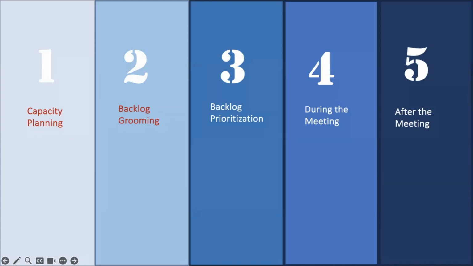Second and most important thing is backlog grooming. For backlog grooming, it's ideal to have it at least 2 days before the sprint planning meeting, because what happens in backlog grooming is we are actually looking at the dependencies. If there are any dependencies, we want to clear them.